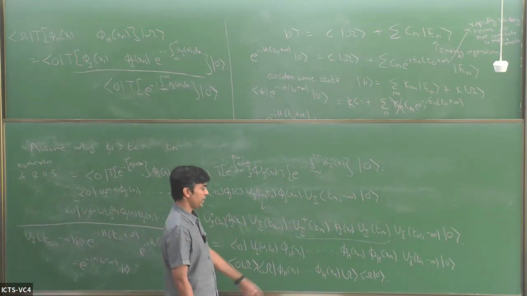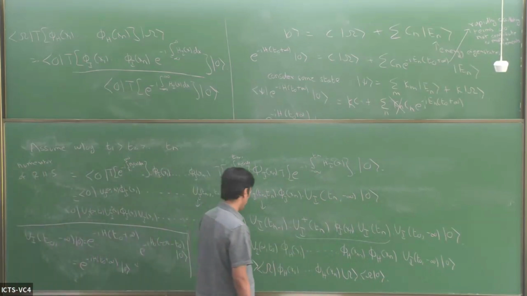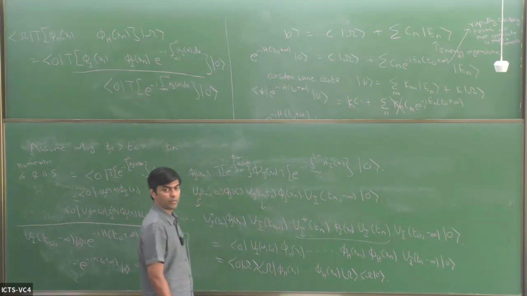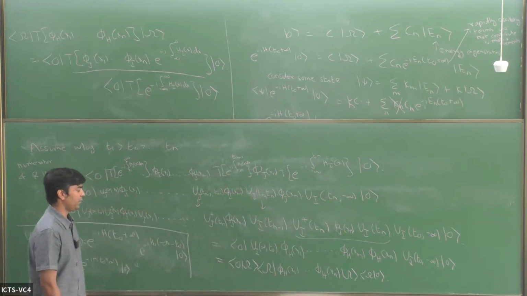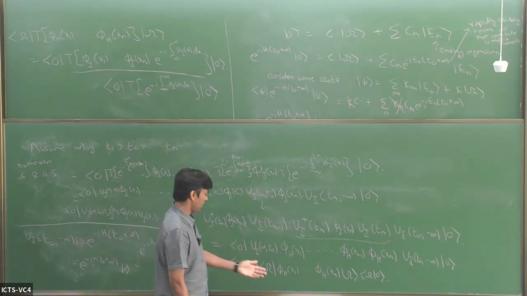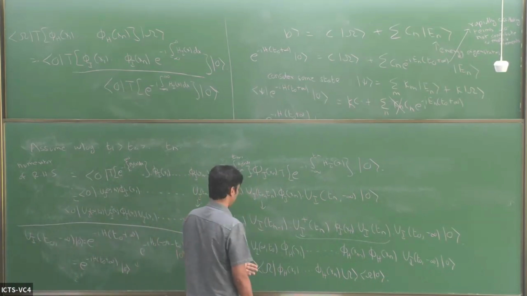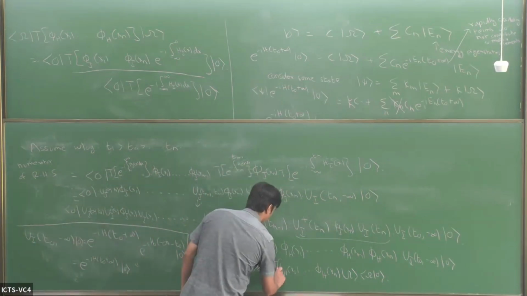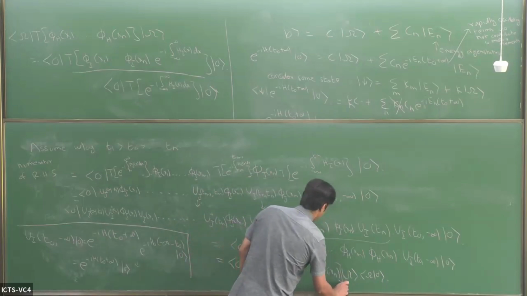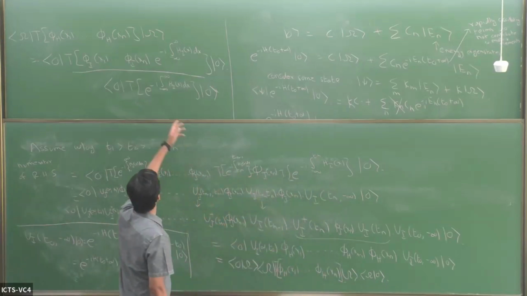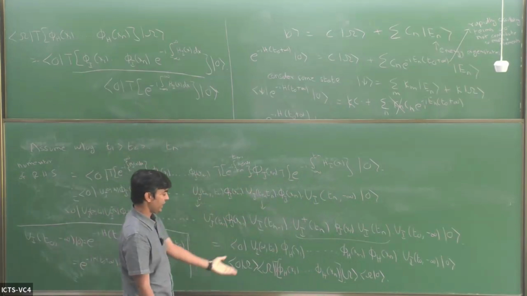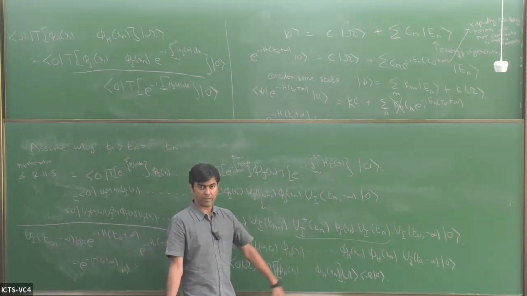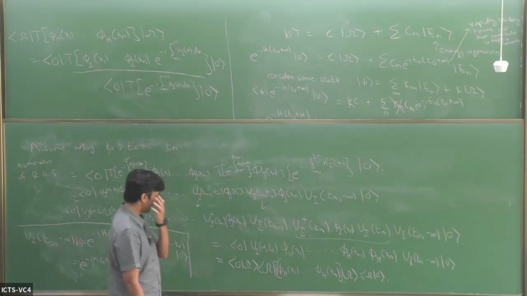We have 0 times omega times 0. So this is just the mod square of 0 times omega. And now we've got back this. In fact, I had not written the time ordering because of that assumption, but of course I can put back the time ordering for free just to make it look a little bit more like this formula. Because this is time ordered. x_1 was larger than x_n, but I can put back the time ordering.